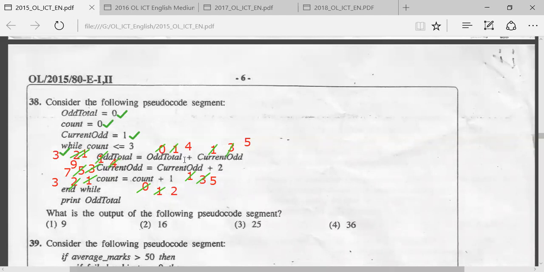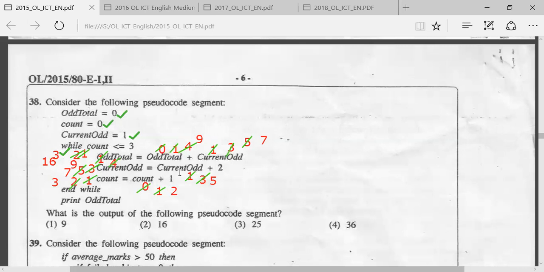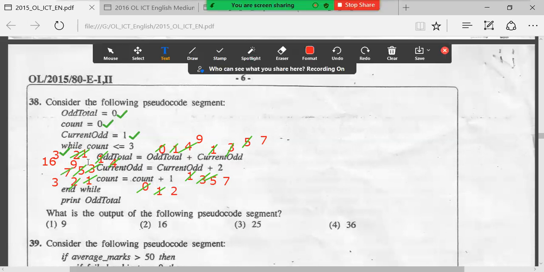Odd total equal odd total plus current odd. Odd total is 9. Current odd, it is 7. So 9 plus 7, 16. Current odd, it is 7. So 7 plus 2, which is 9.